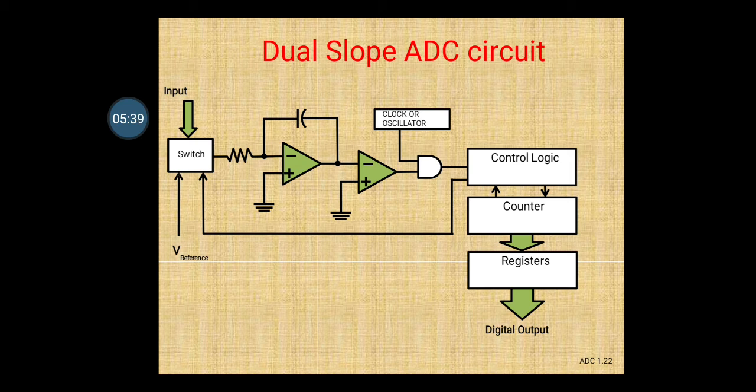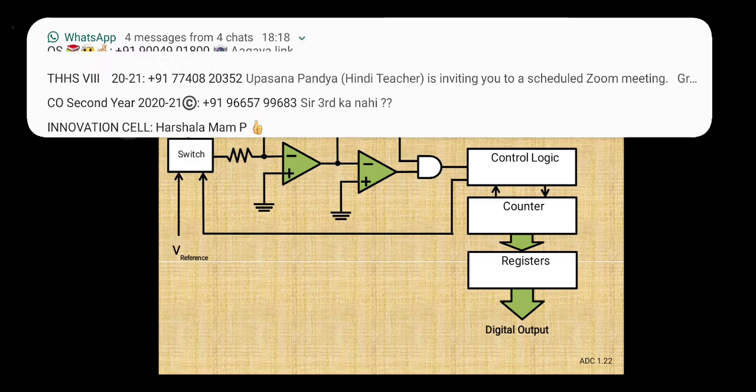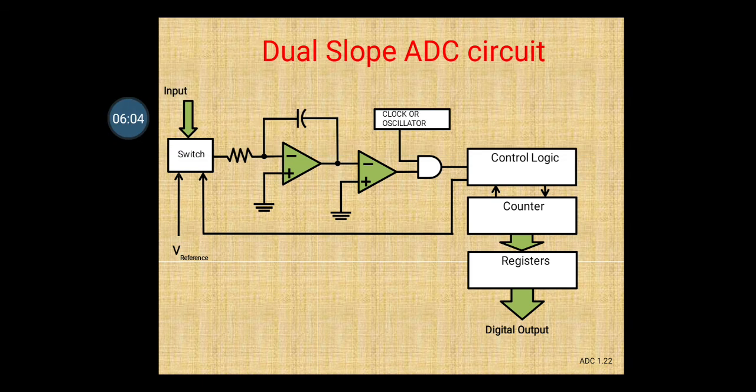So the output voltage V0 of the operational amplifier will be the difference of these voltages, V2 minus V1. But since a resistor and a capacitor are connected here, the operational amplifier with the resistor and capacitor becomes an integrator. That circuit is called an integrator.